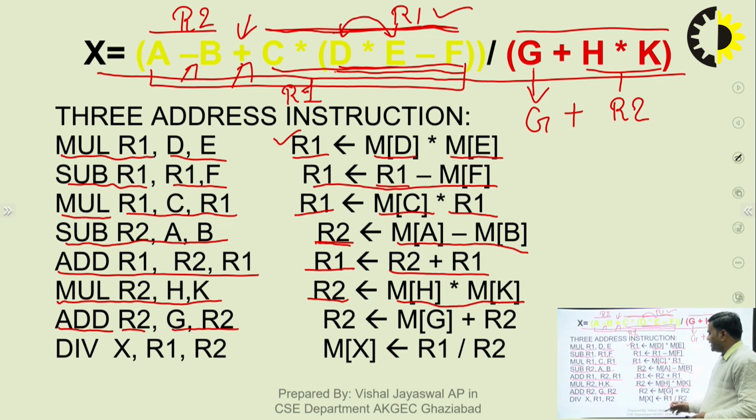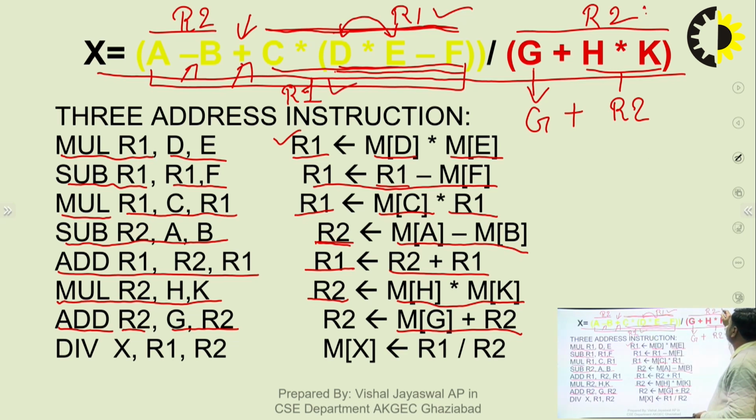The explanation is R2 tends to M of G plus R2, means the content of the R2 register is added to M of G and the result is stored in the R2 register. So our whole denominator is in R2, and our numerator is in R1.